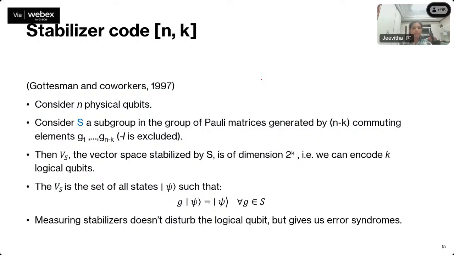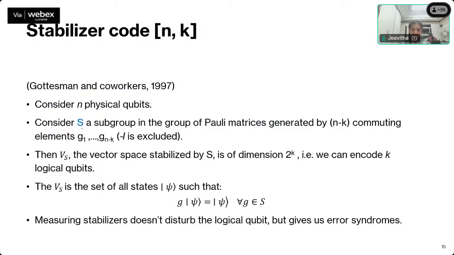Okay, so now let's dive into a small concept called stabilizer code, which is needed for further slides. Here n represents the number of physical qubits and k represents the number of logical qubits. Consider S. S is the stabilizer group, which is a subgroup in the group of Pauli matrices.